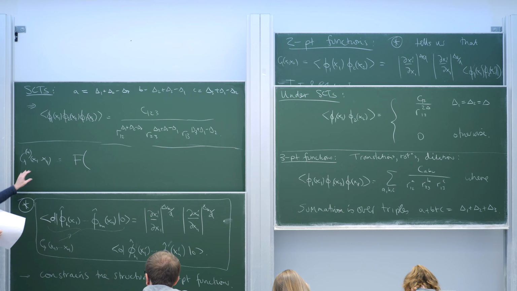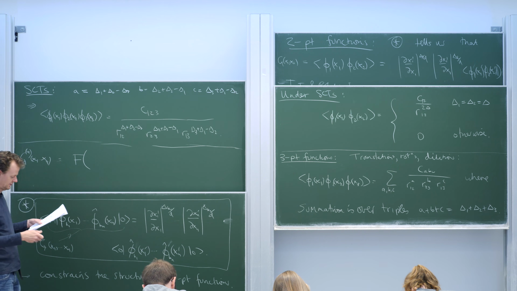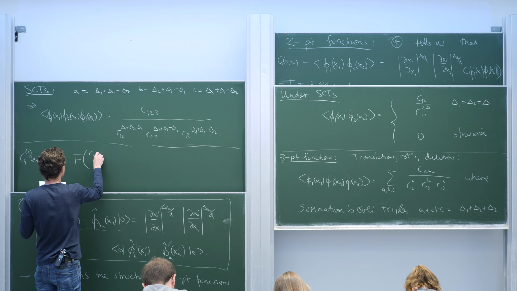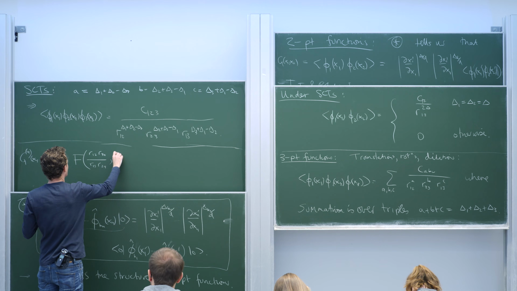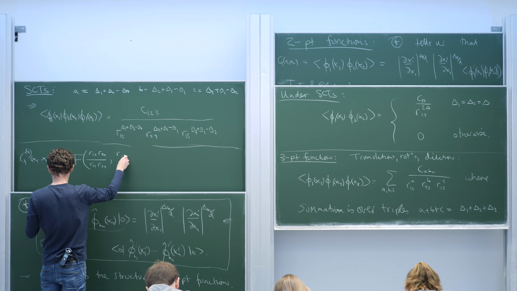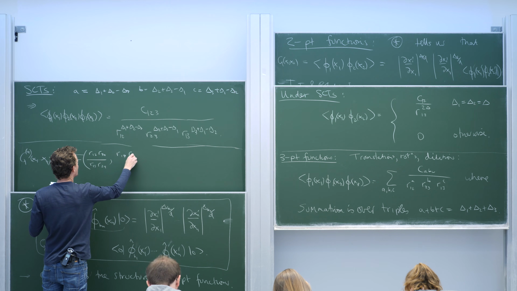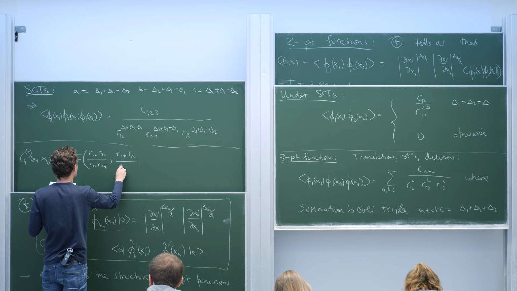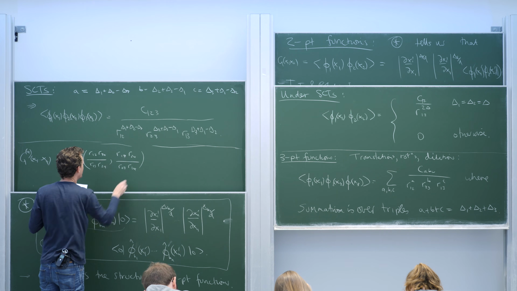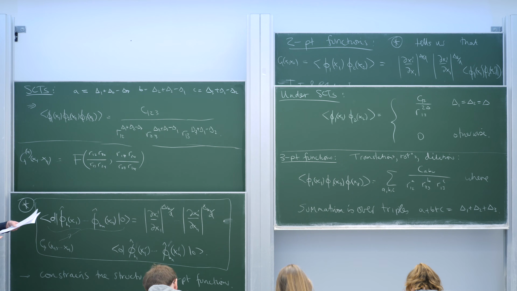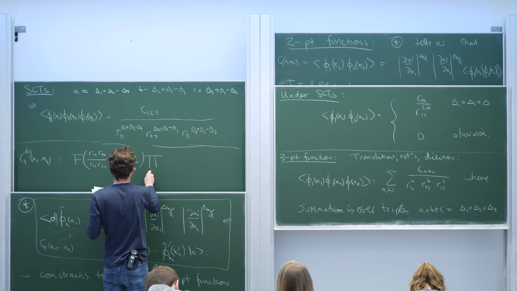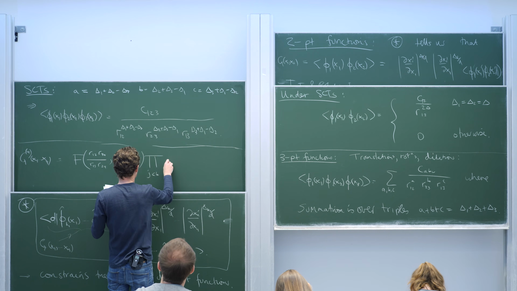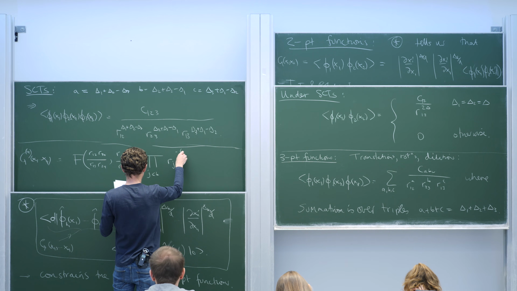Turns out that the general 4-point function is a function of the 2 cross ratios. So these are independent quantities. And some product of these RJKs.